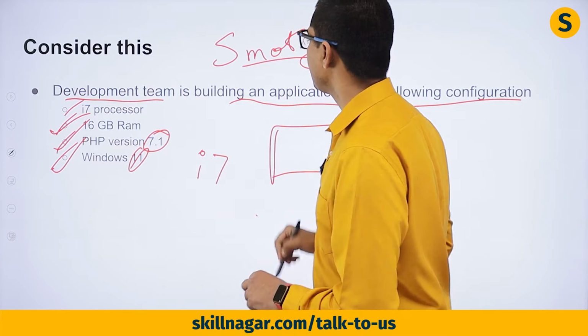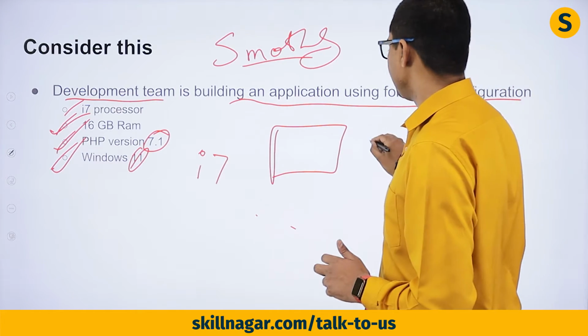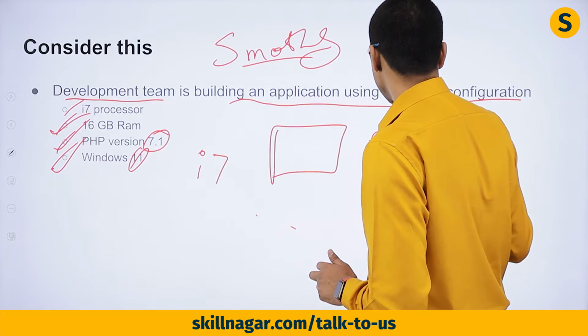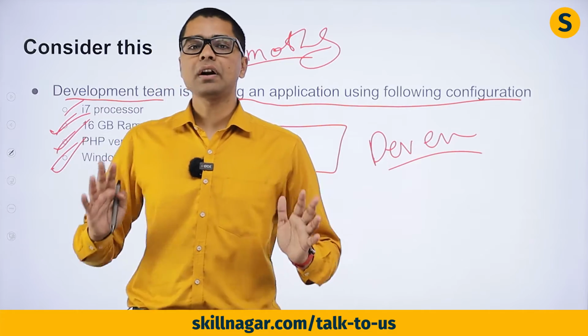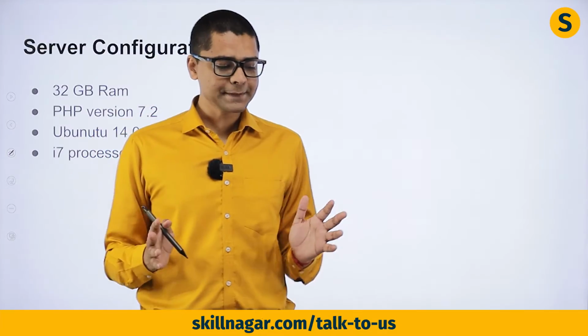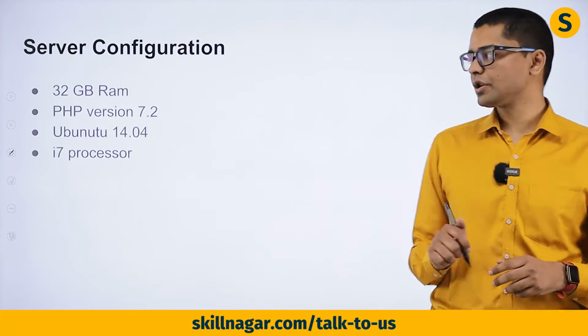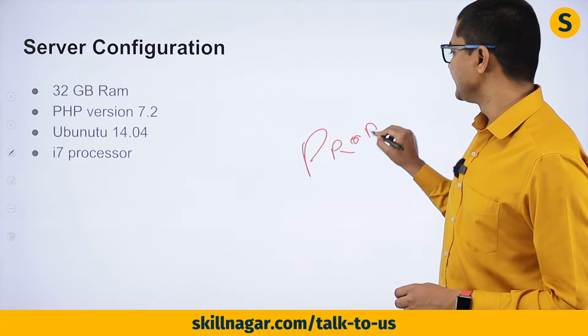Okay, this particular application is working smoothly on the dev environment. This is what we call the dev environment, where we are developing our application, which is not available publicly to the end users. Now what happens? You have built your application and now you are shipping the application to the production server.